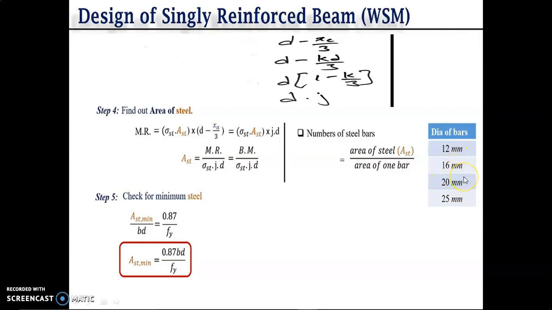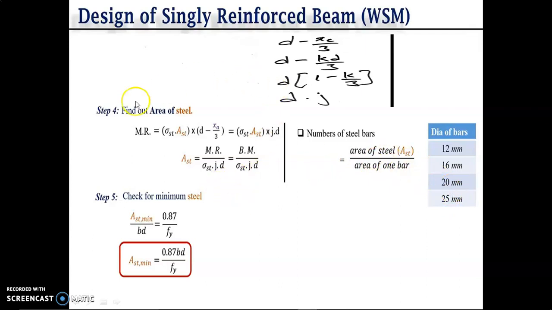If you want to provide a 16 mm bar, then you have to find the area of one bar, that is pi by 4 times 16 square. Then you divide the total area by this, and you will get the number of bars. If you take 16, you get the number of bars of 16 mm dia you provide. If you take 20, you get the number of bars of 20 mm dia.